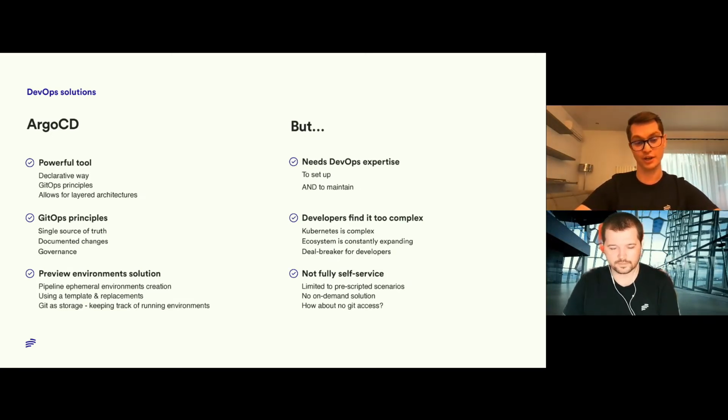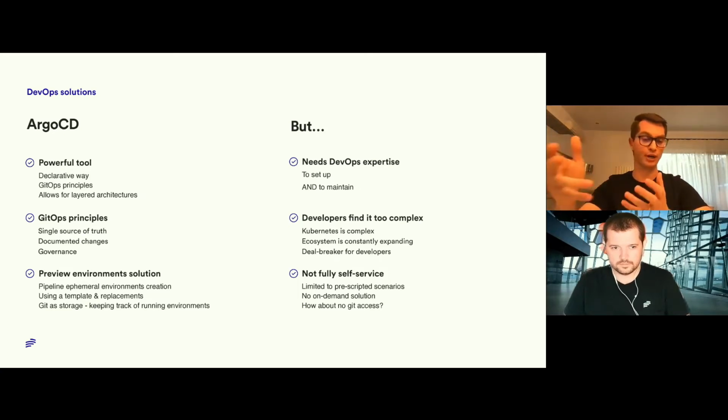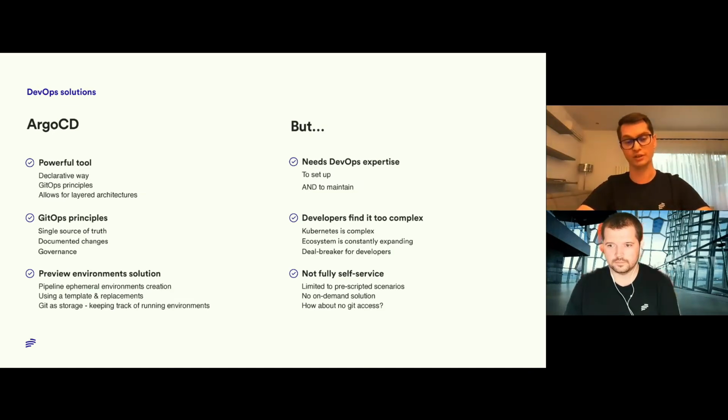Regarding creating the preview environment, Argo CD can be set up to handle this. You could use a pipeline to orchestrate things and maybe have a template for an application manifest, an Argo application manifest, then perform some replacements or some kind of templating there, and spin up environments, applying those manifests using Git as storage.